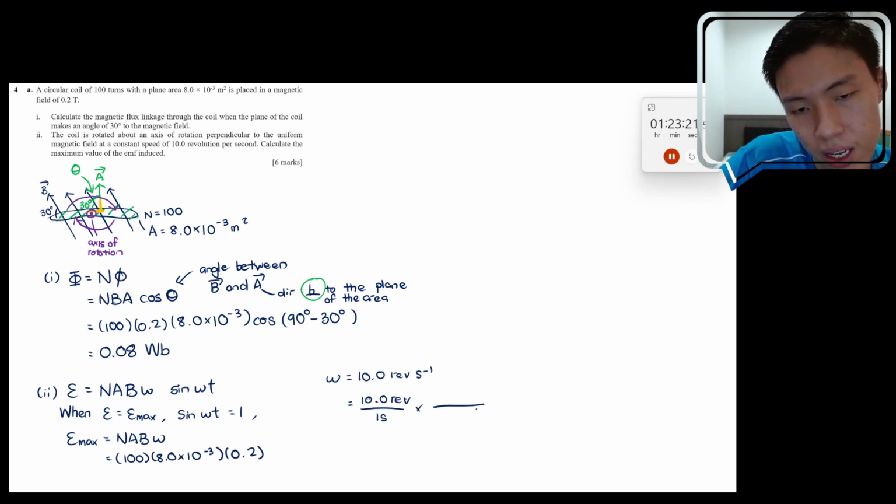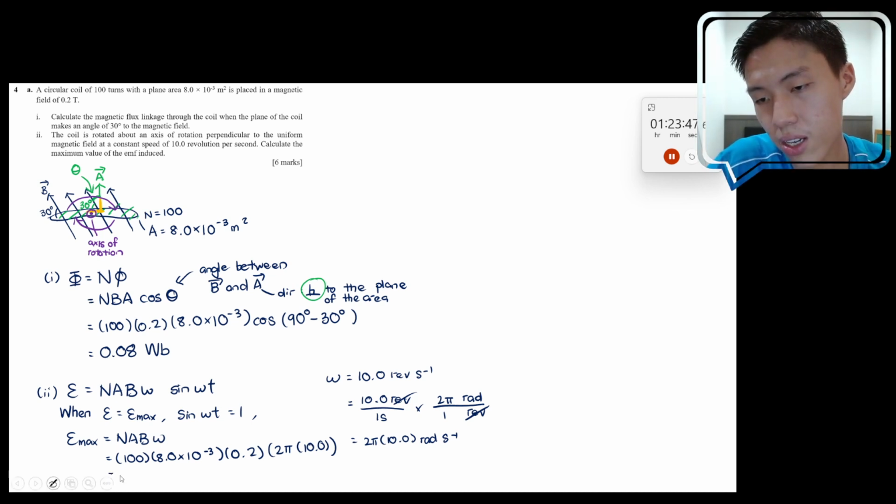You want to eliminate the revolution and change it to radian. You know that 1 revolution is equivalent to 2 pi radian. So that makes it 2 pi multiplied by 10. Then you can remove the revolution, and you're left with radian per second. So here you can substitute 2 pi multiplied by 10.